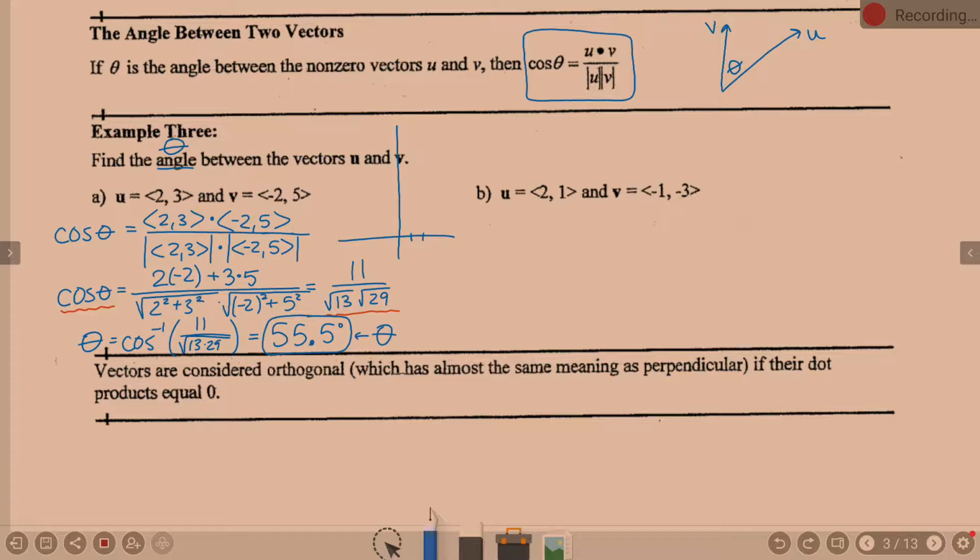So, right 2, up 3. The vector 2, 3 does something like that, right? This is a hand-drawn sketch, not exactly perfect, but negative 2, 5 goes left 2 and up 5.